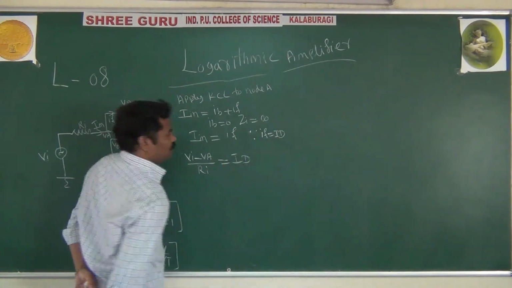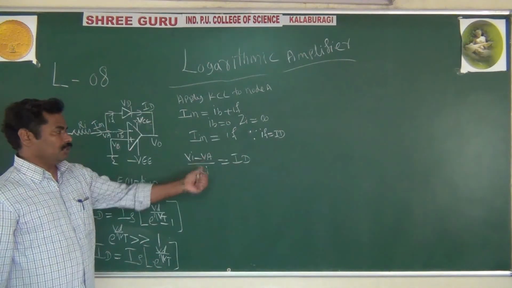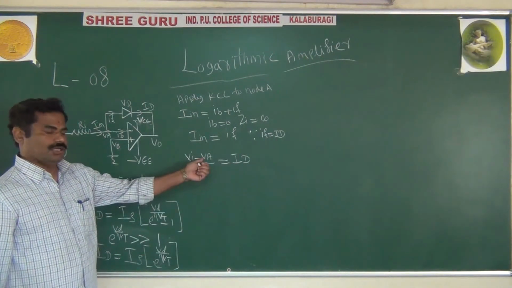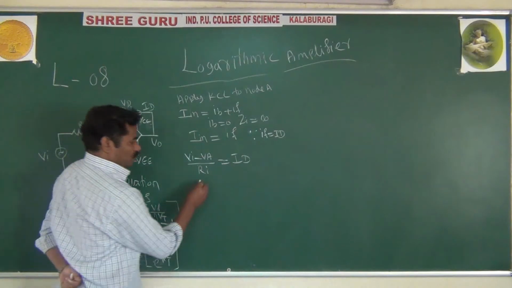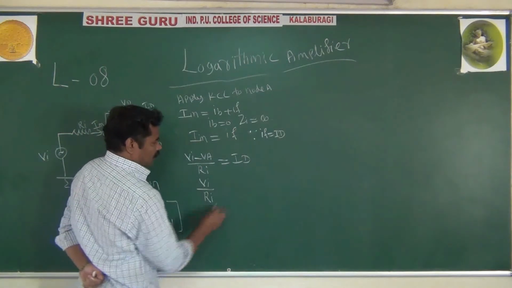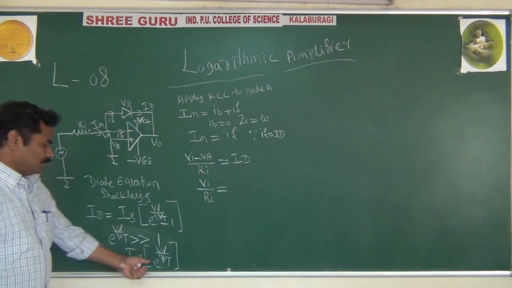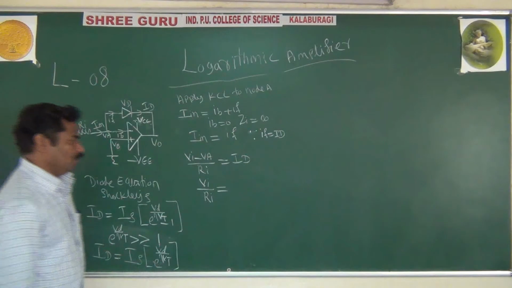Then VA is 0 because of the virtual ground concept, as you know already, that becomes Vi by RI. And in case of ID, what can you write? IS into e raised to VD by eta into VT.